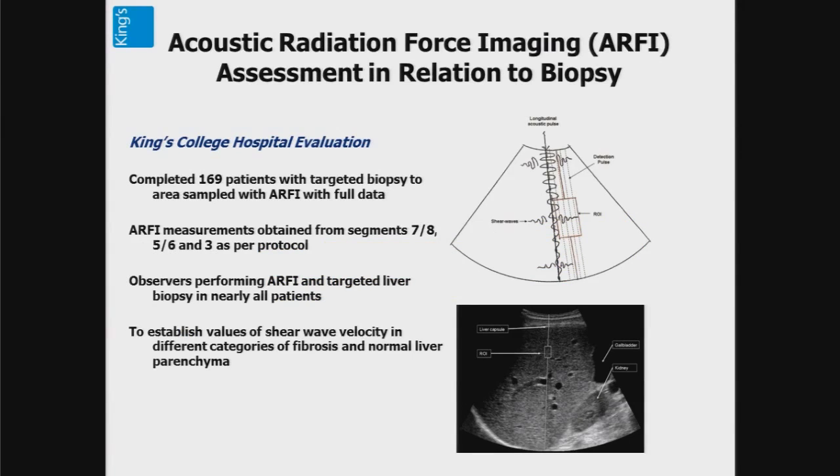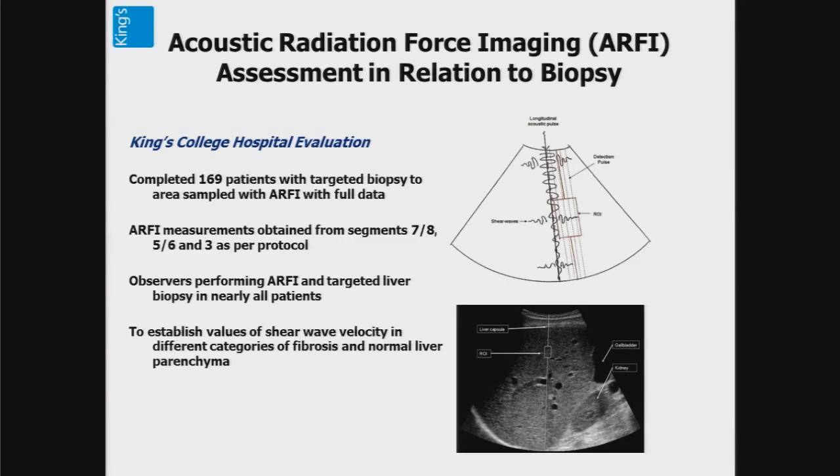Each of the machines are not reproducible with the measurements. So if you've got one machine that gives you a value of 1.21, another machine it may give you a value of 1.41. So you have to beware that the machines do not give you the same readings. So if you're going to establish this in your clinical practice, you're going to use the established criteria for that machine or establish your own.